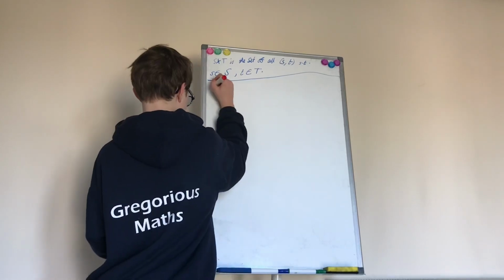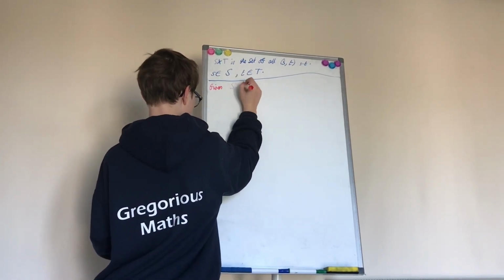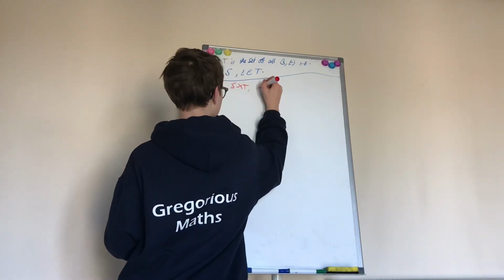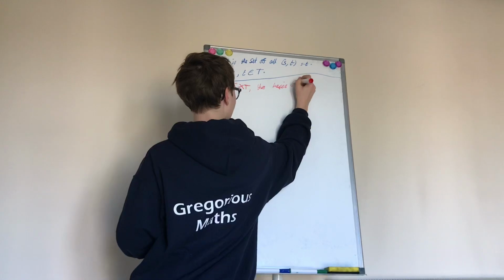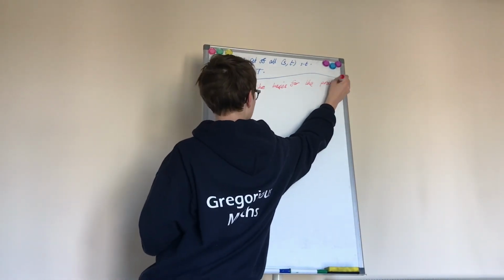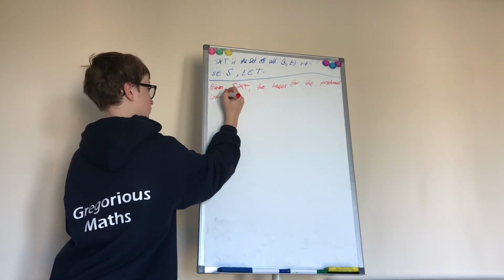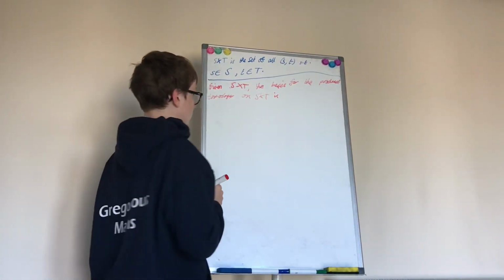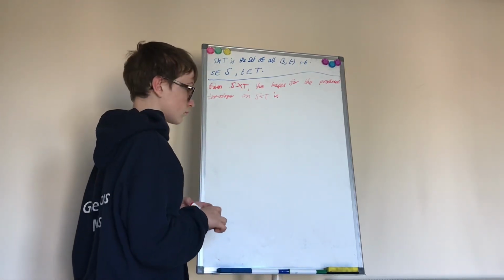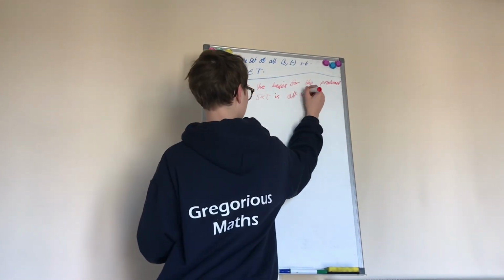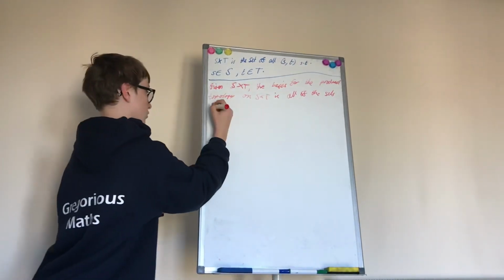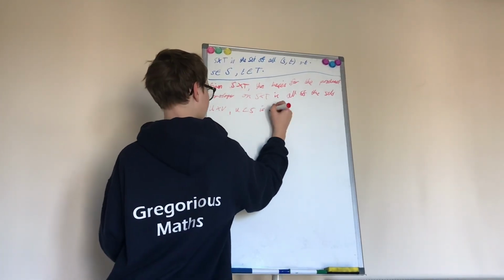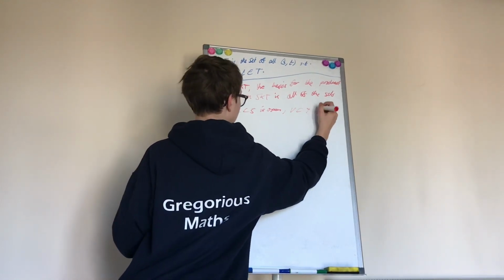Given S cross T, where S and T are topological spaces, the basis for the product topology on S cross T is all of the sets U cross V, where U, a subset of S, is open, and V, a subset of T, is open.